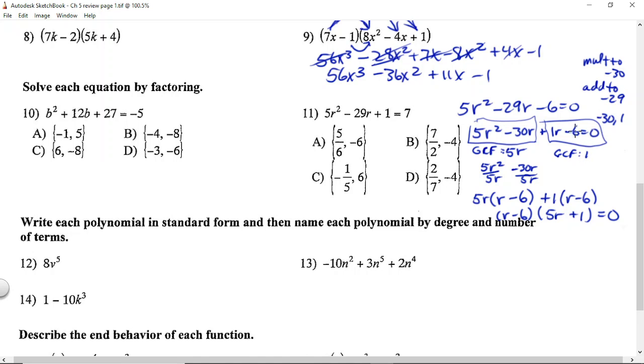Okay, that's from up here, right? We set it to 0 and we factored the left side. Now to finish, we just say r minus 6 equals 0, or 5r plus 1 equals 0.